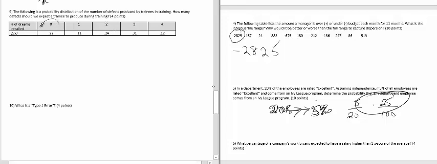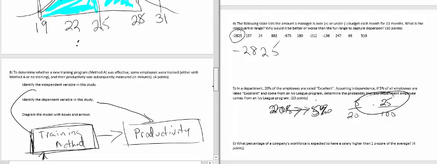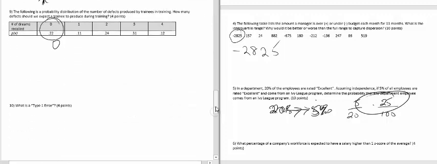So how many people will tend to get out of 100? How many people will tend to get 0 dreams? 22. 22% will get 0 dreams. So what's that? 22 times what? Times 0 equals 0. 11% times 1. So that's a 0.11.